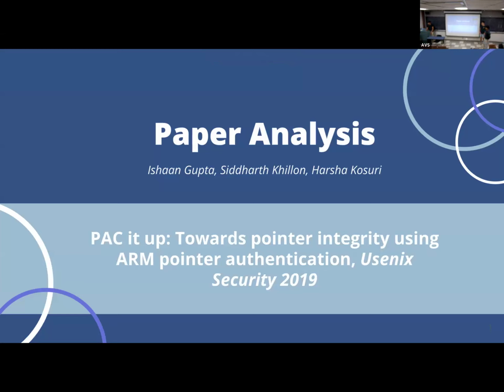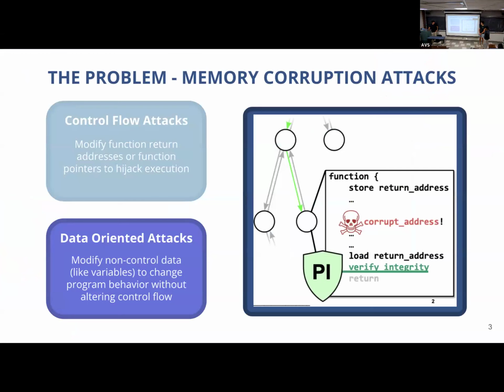So basically the problem is memory corruption attacks. And the issue is that we want to protect pointer integrity, so attackers can't otherwise change programs' benign behavior. There are two main memory corruption attacks we're focusing on today. The first one is control flow attacks, such as return-oriented programming.